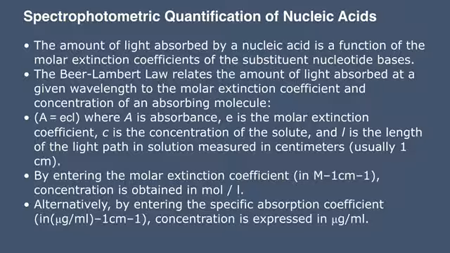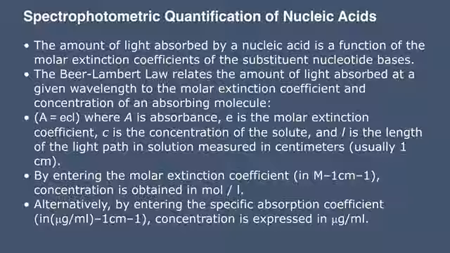A equals E times C times L, where A is absorbance, E is the molar extinction coefficient, C is the concentration of the solute, and L is the length of the light path in solution measured in centimeters, usually 1 centimeter.